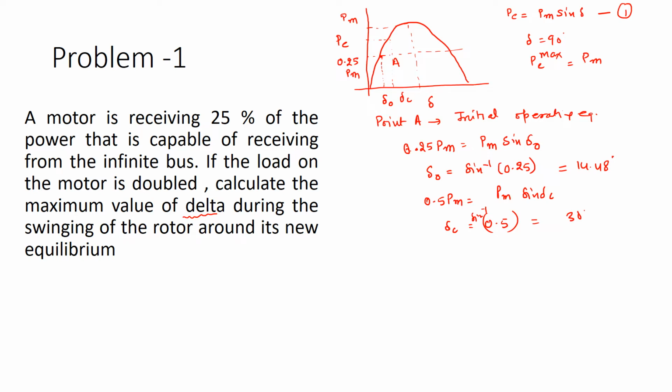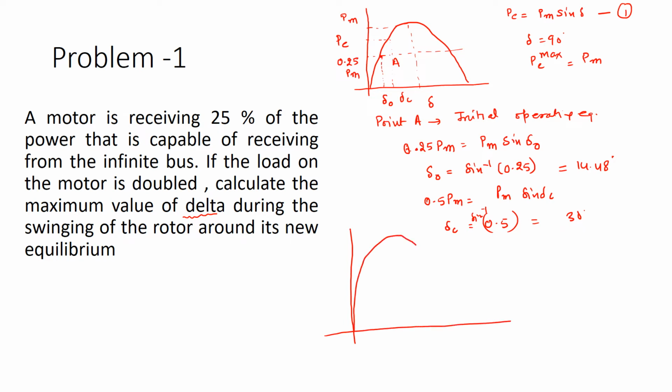So let us draw it again. From here I can easily interpret the things. We will have two angles, and let us observe the rotor swing.